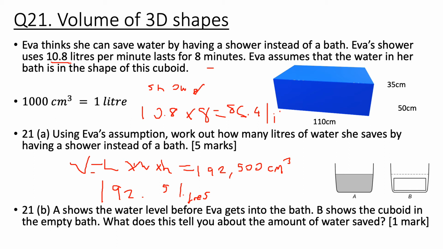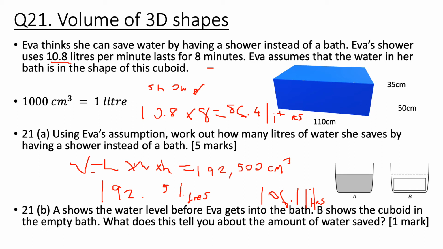Okay. This number, take away this number, gives me the leftover amount, which is 106.1 litres. Okay, so that is the amount that is saved.